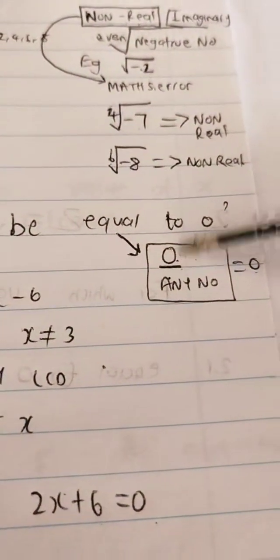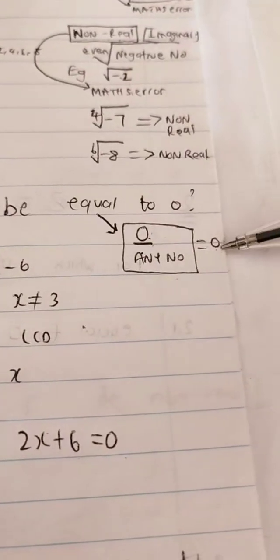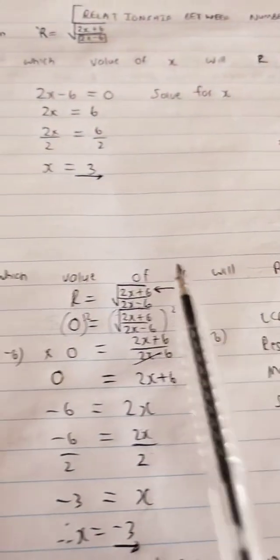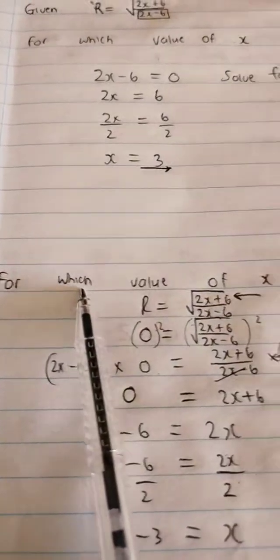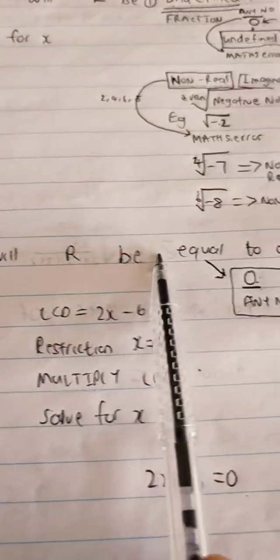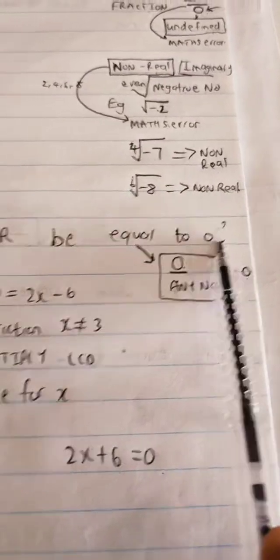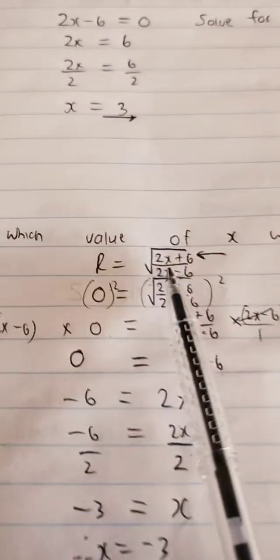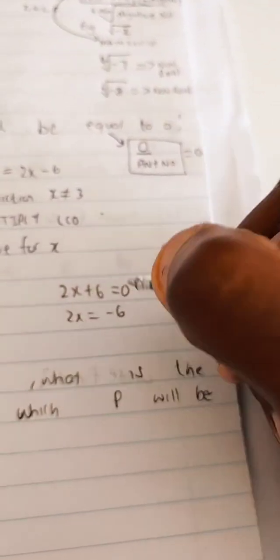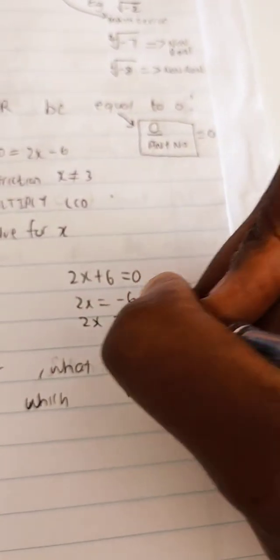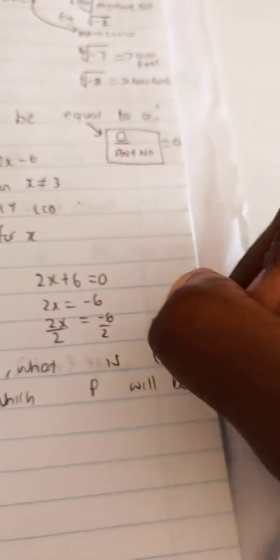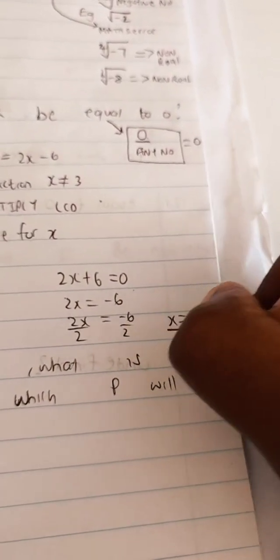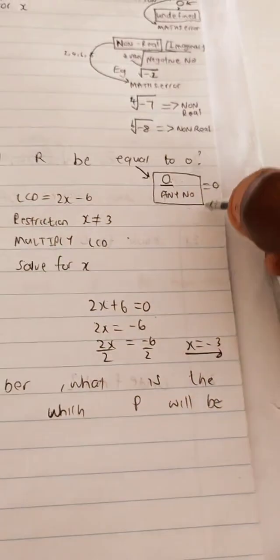Because 0 divided by any number will surely give us 0. That's what makes life very easy. We simply take 2x plus 6, equate it to 0, and solve that, and that leads us to the simple answer of x equals negative 3, without having to do this long process.